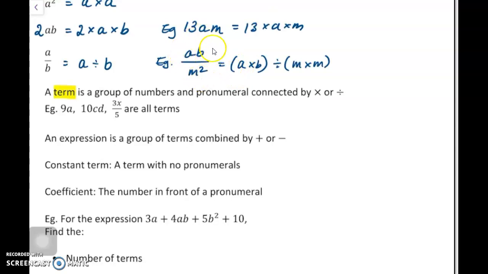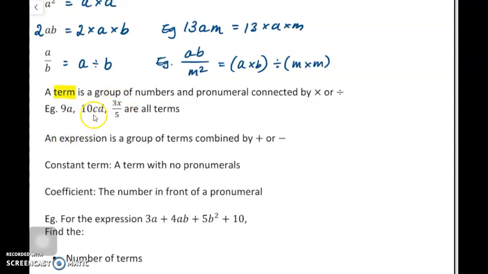Also here, AB over M squared, AB and M squared are all connected by times or division. And so AB over M squared is another term. And at the bottom, I have written down some other examples. So 9A is 9 times A, that's another term. 10CD is 10 times C times D, that's another term. And 3x over 5 as well.